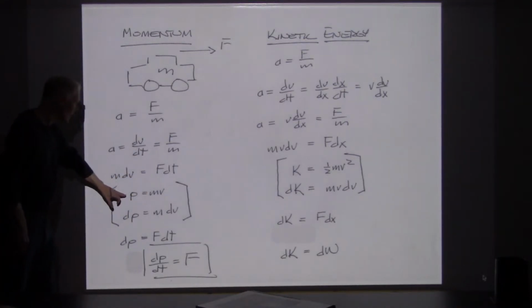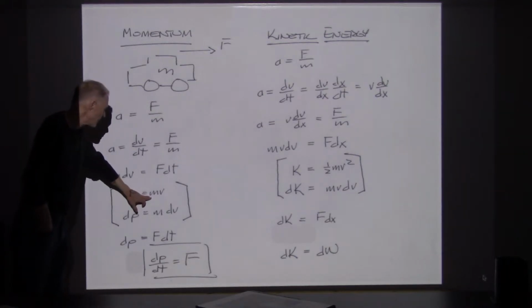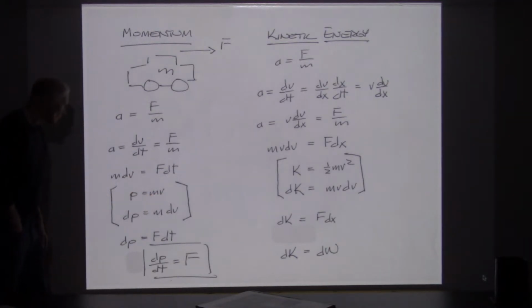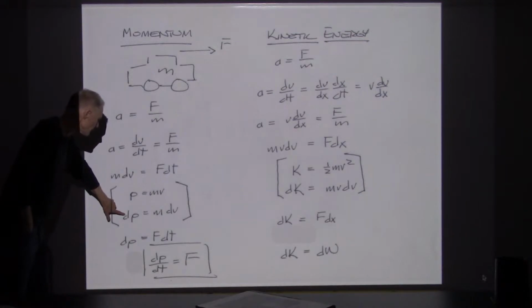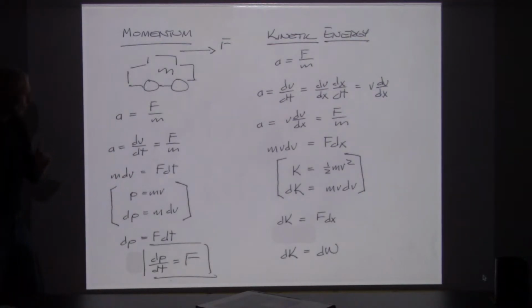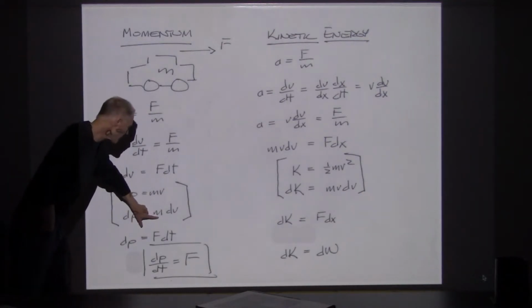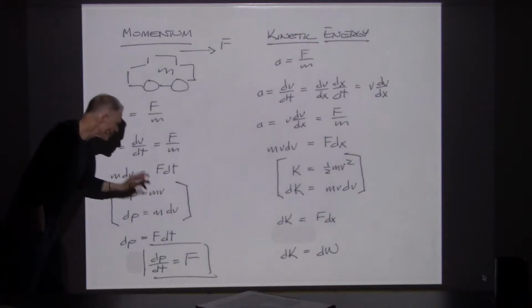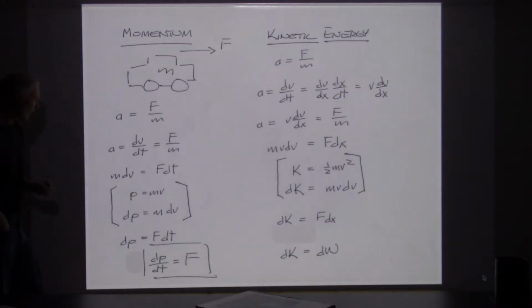Now momentum is defined as m v, so we could write dp, a little change in momentum, would be equal to mass times dv, a little change in velocity.